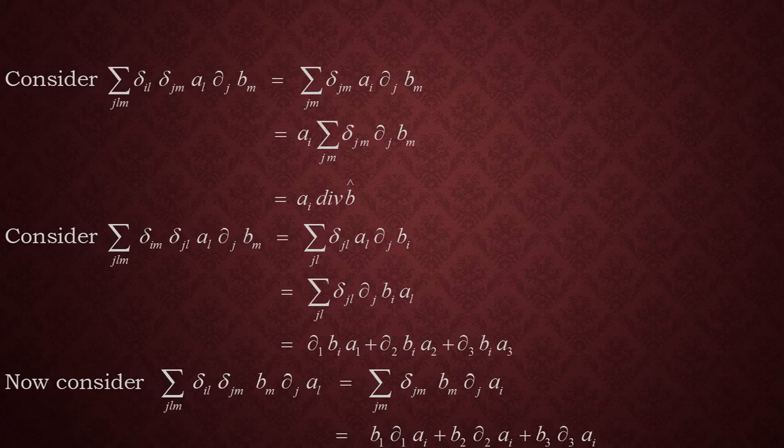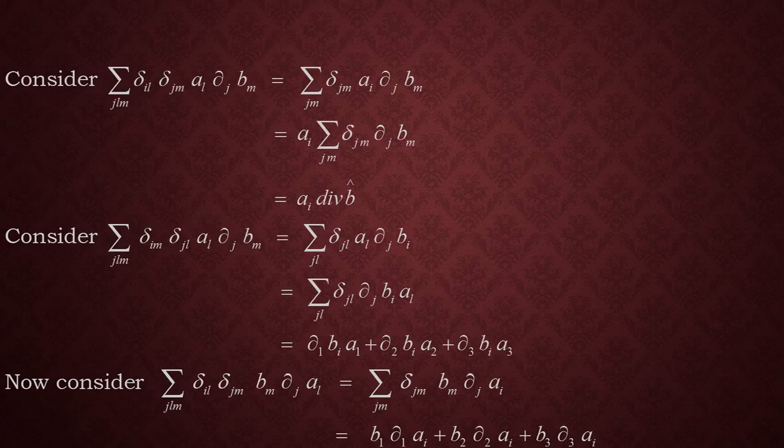If we substitute div B cap there, our part 1 becomes summation sigma over jlm delta suffix il delta suffix jm al dou j bm equals ai divergence of B cap. This is the part 1 of our previous expression.